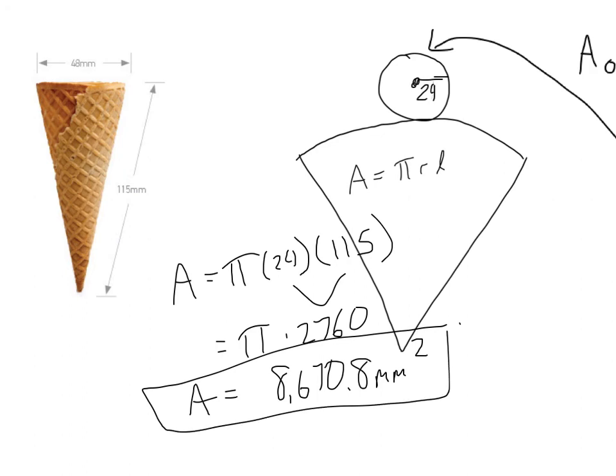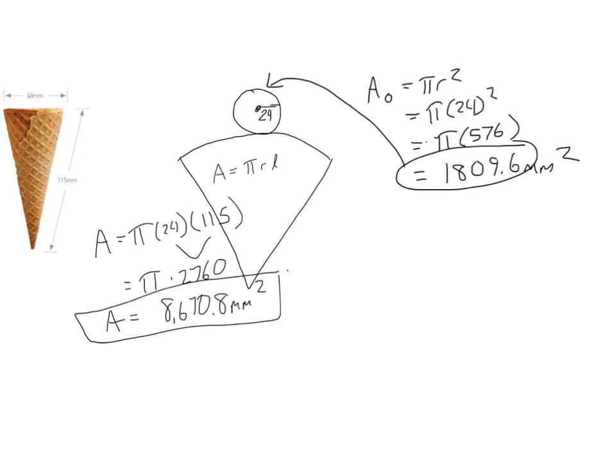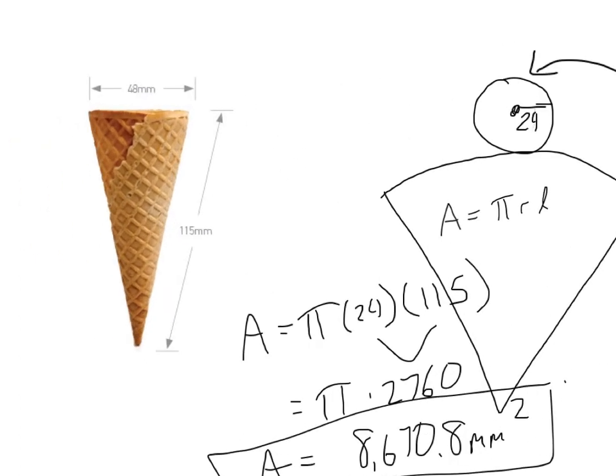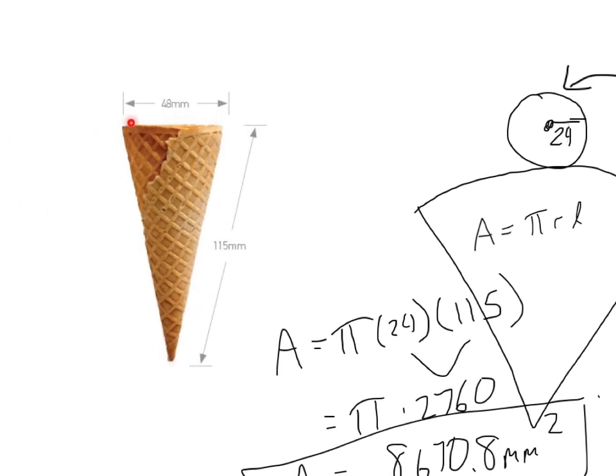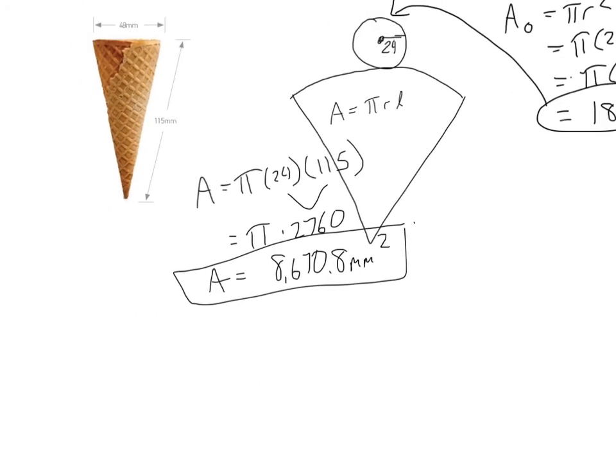So how do we find the area of this entire cone? It's kind of a trick question. Did we actually need to find the area of the circle up here? A cone is hollow. It doesn't have a flat top. It doesn't have a top at all. So the area of an ice cream cone is really only the lateral area.